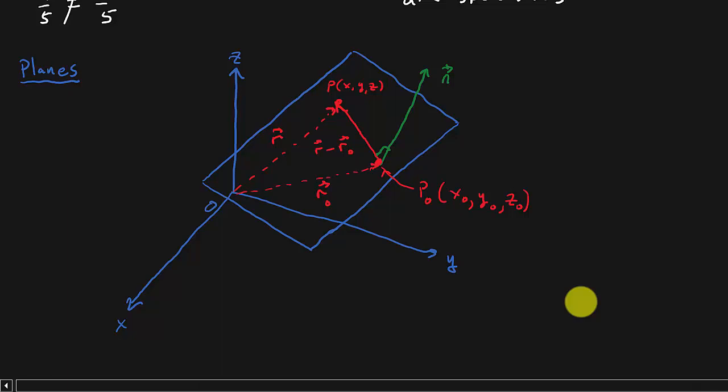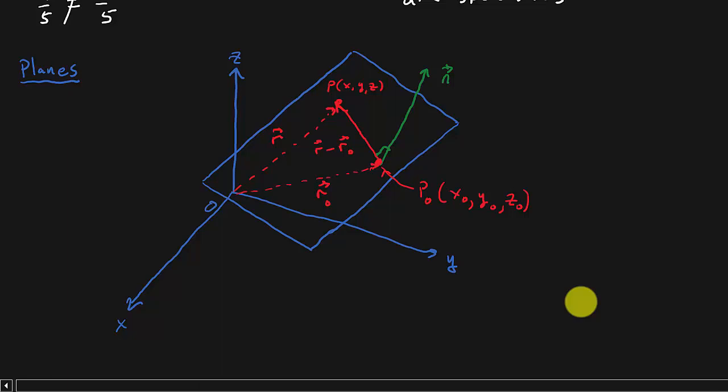All right, so this is a plane. So let's look and see what we have here. Let's say we have a single vector that's parallel to a plane.